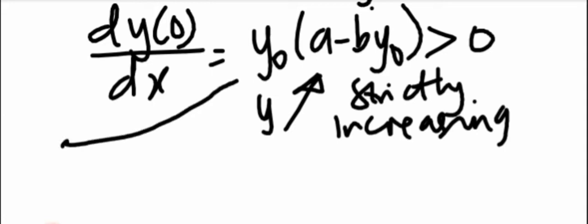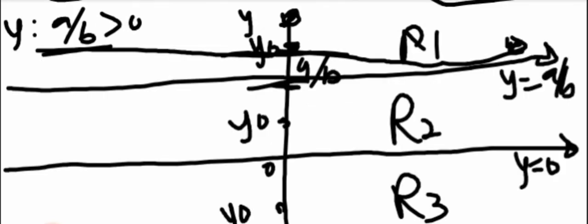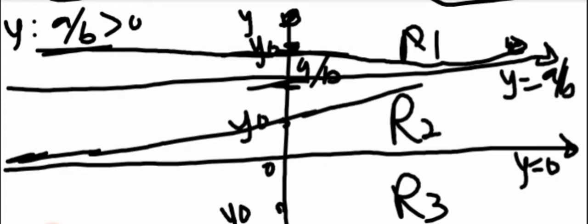Decreasing, still from the negative axis, you go down. We are back here, and it is strictly increasing at this point. So I am moving from this negative axis, passing through y naught and increasing, but I'm not touching y is equal to a over b.